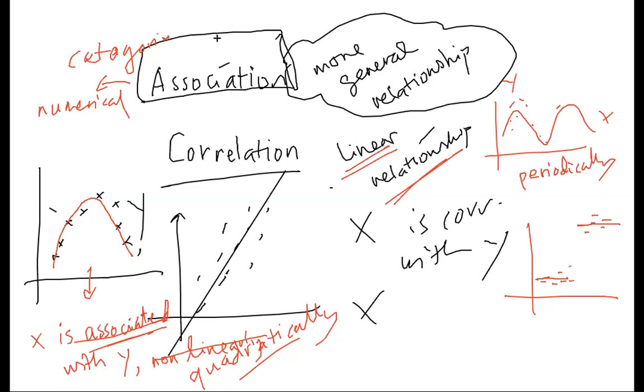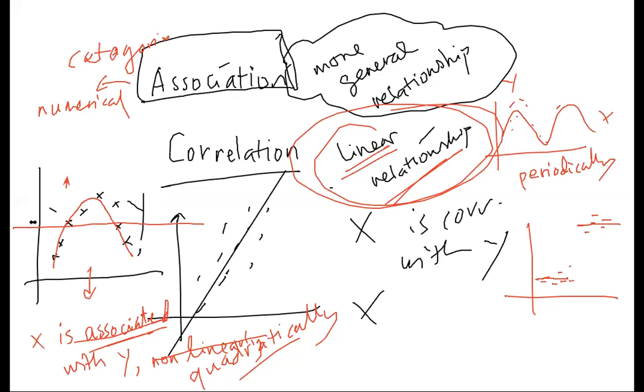That's why I don't encourage people to directly compute a correlation value without checking the scatter plot, because it can be misleading, you see. Like for example, this quadratic curve, if you calculate the correlation, it can be zero, because your correlation is trying to fit a linear relationship.